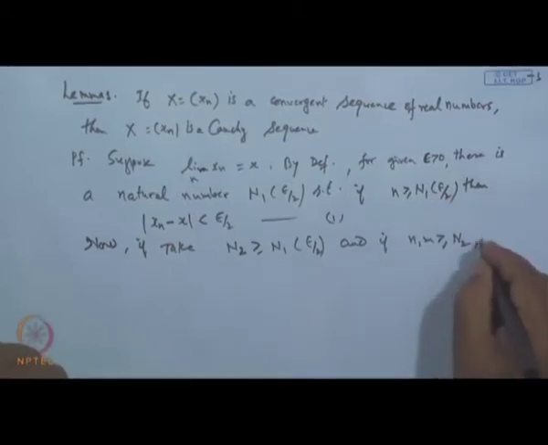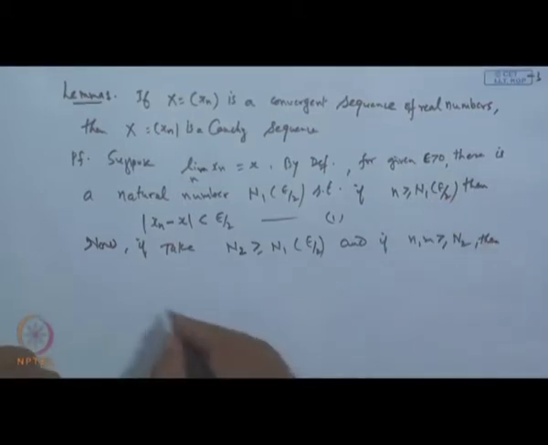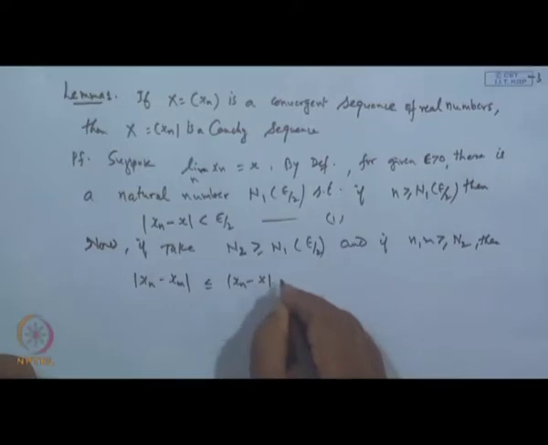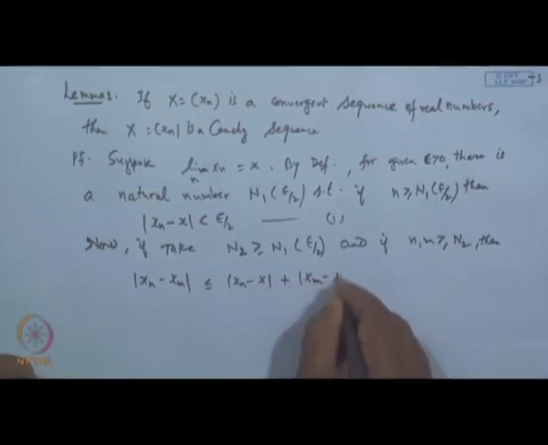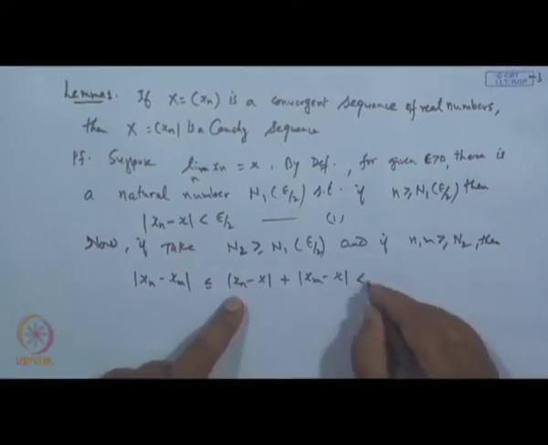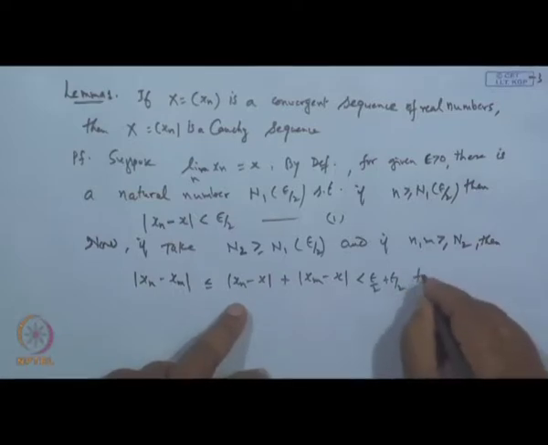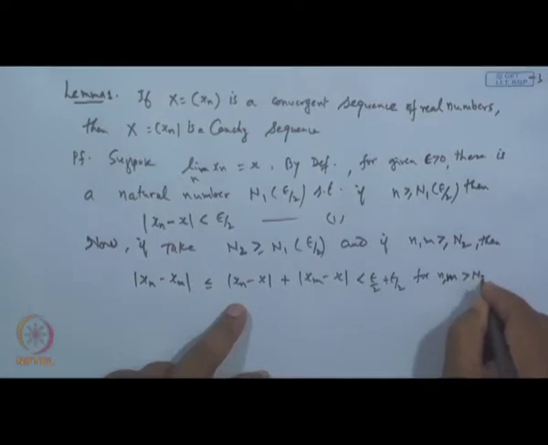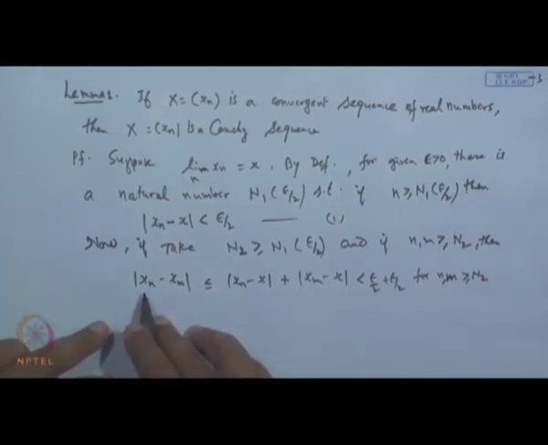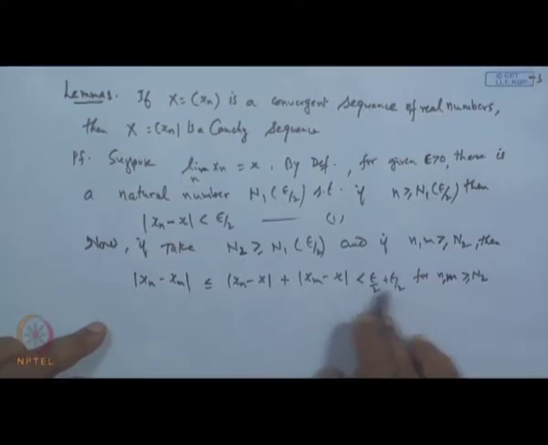Then we have mod of x n minus x m, applying the triangle inequality, this is less than or equal to mod of x n minus x plus mod of x m minus x. Now, this is less than epsilon by 2, and this is less than epsilon by 2, for all n, m greater than n 2. Then the difference between x n and x m is less than epsilon.